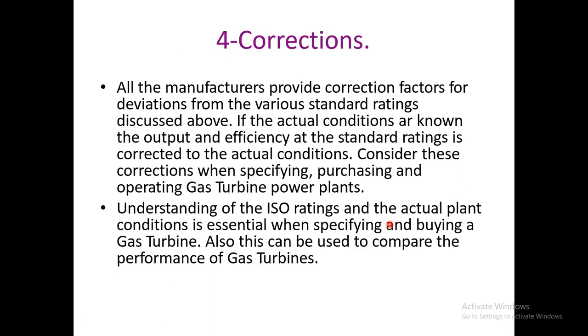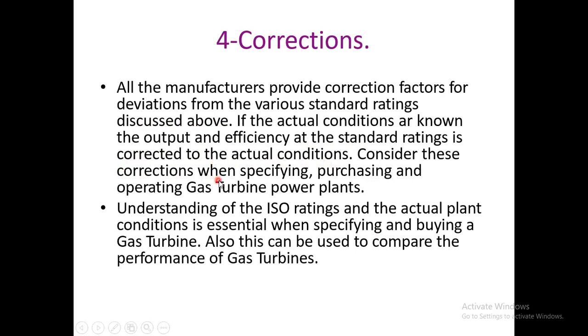Now, number four tells us the corrections. All the manufacturers provide correction factors for deviations from the various standard ratings discussed above. If the actual conditions are known, the output and efficiency at the standard ratings are corrected to the actual conditions.